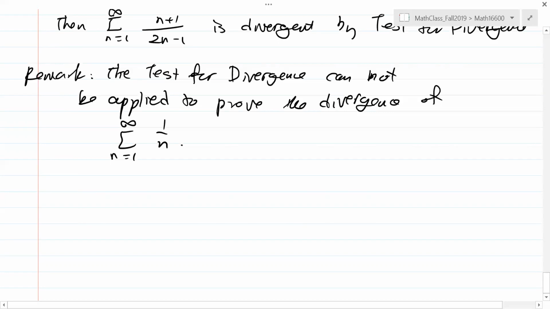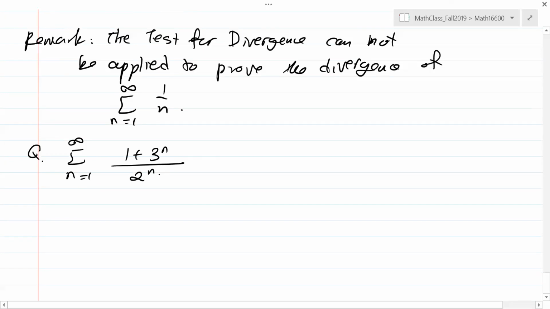Okay. So now I'm going to ask you to do the following problem. Tell me whether this is convergent or divergent.